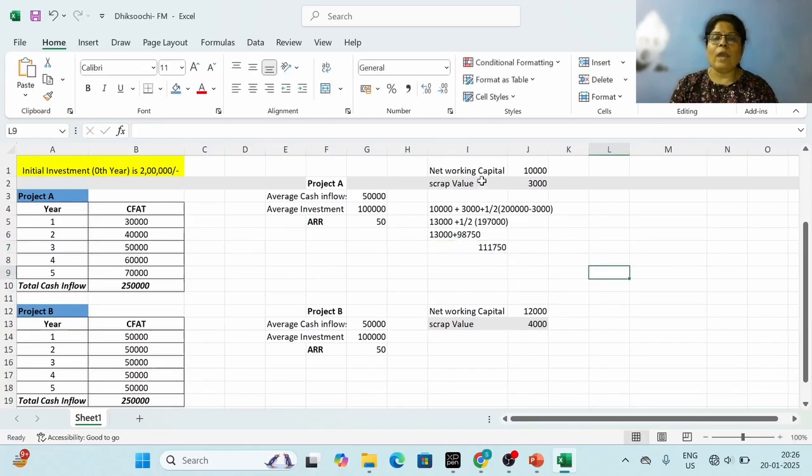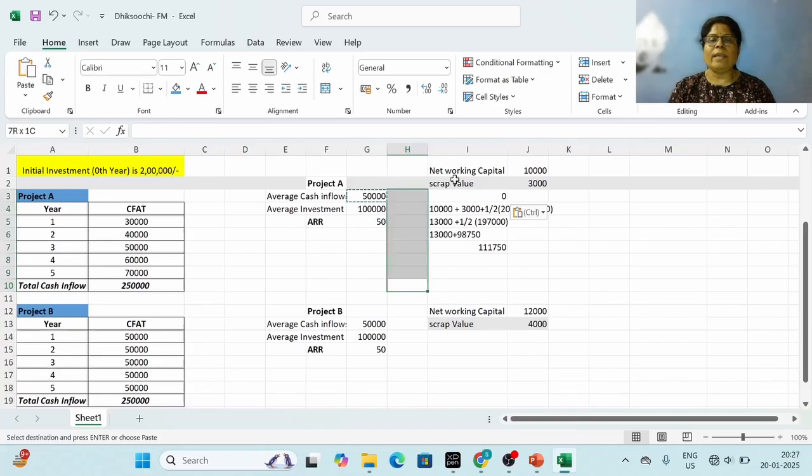Now you have the numerator, that is average cash inflow, and the denominator, average investment. The average cash inflow is as usual, there is no change in that. Let me write the 5,000 directly.